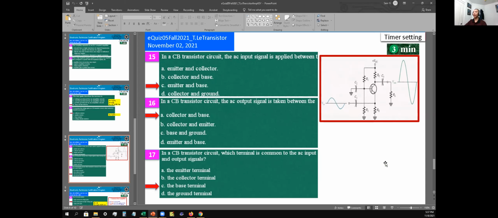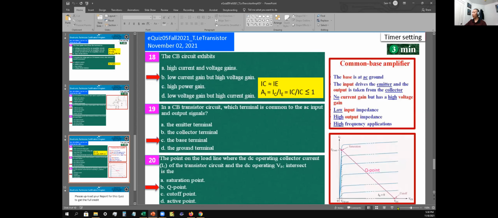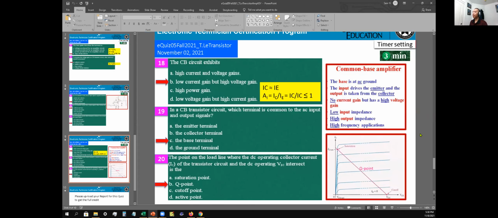Okay, next set. This would be the last. The common base circuit exhibits... that is just the characteristic. You can look at the handout from the website, this one from Mr. Pham. So the common base follows this characteristic: low current gain, so there's no current gain but a high voltage gain.